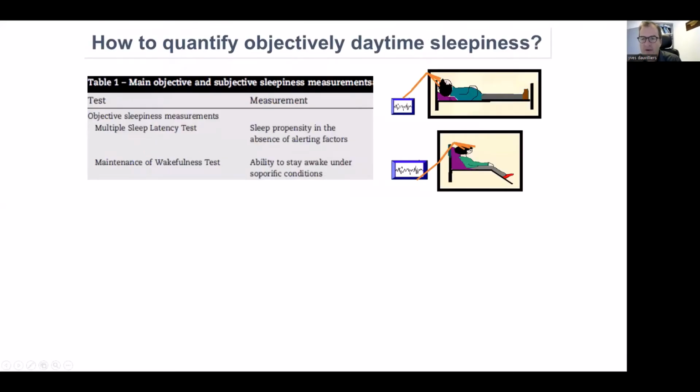Now, how to quantify objectively this daytime sleepiness? There are two very well-known tools. The first is the MSLT. The patient is lying down in a bed for 5 naps with 2 hours in between, and you quantify the propensity to fall asleep.